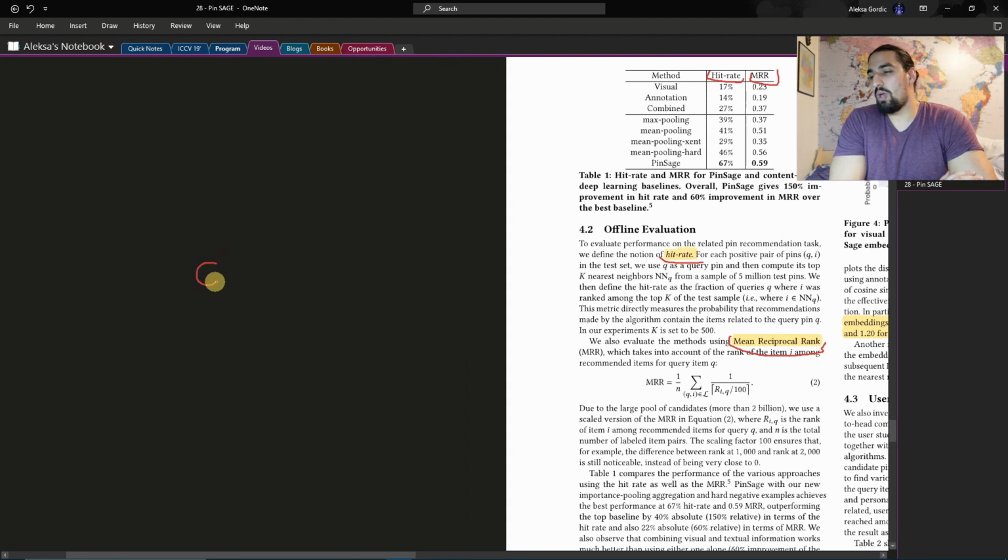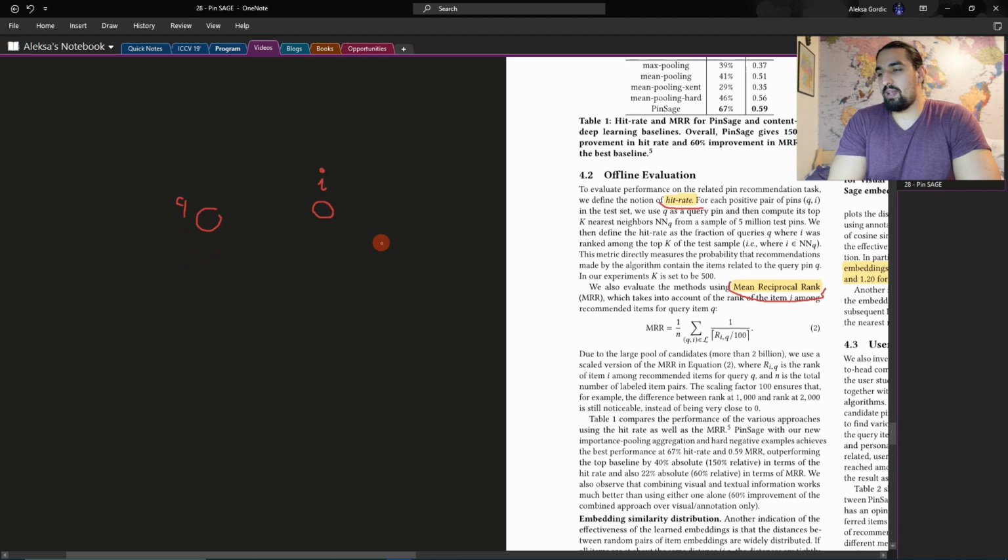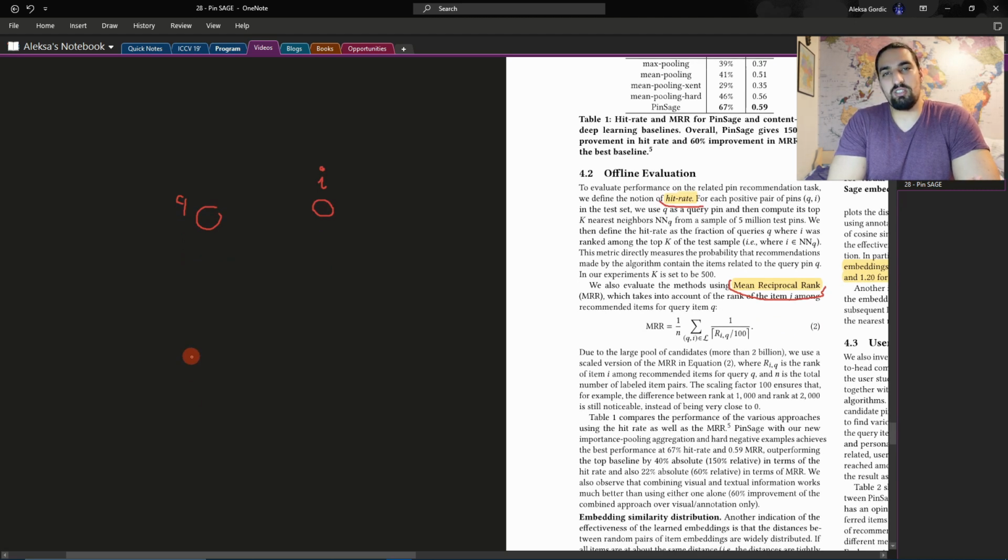Basically you have the query pin and you have the related pin i, which we got by collecting through engagement data. Now our recommender system gives out a list of related pins for this query pin, and the length of this list is k, which is a hyperparameter, and they used 500 in this paper.